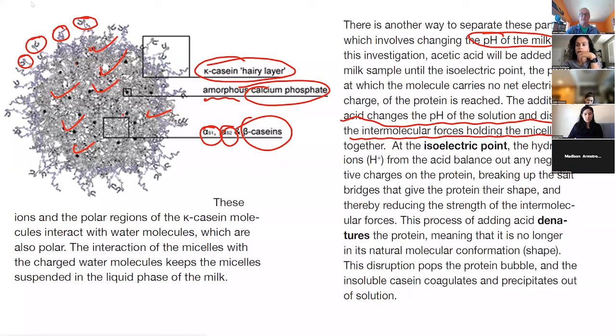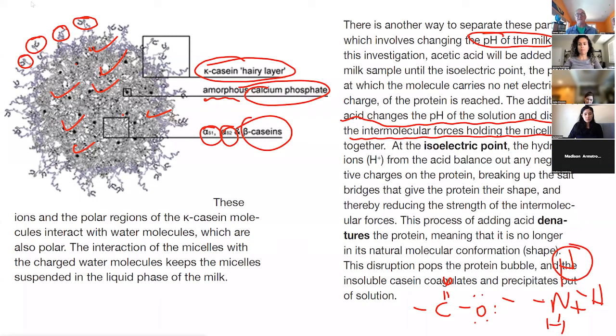The acidic amino acids are going to be negatively charged, and the basic amino acids are going to be positively charged. So you've got these 2 things being charged. And as you change the pH, what you're doing is you're going to be pulling off protons from the basic amino acids and making them neutral.